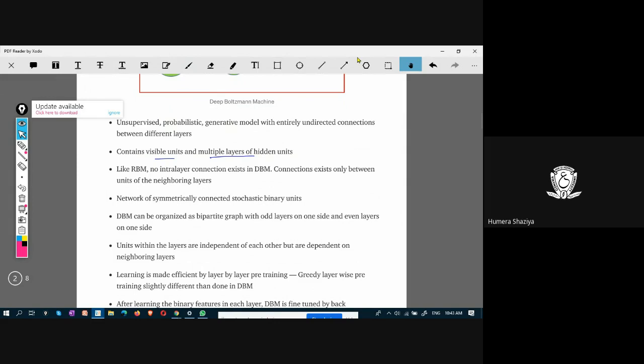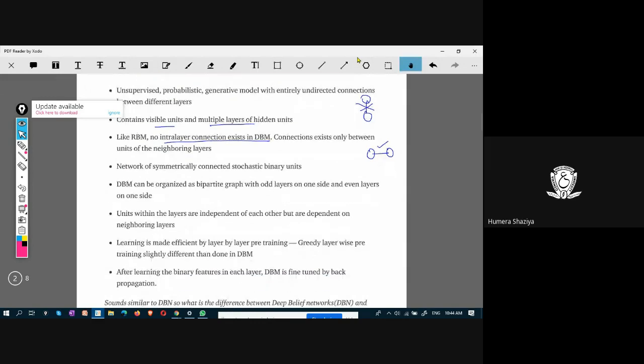Whereas in DBM, one layer of visible units is followed by multiple layers of hidden units. Like RBM, there are no intra-layer connections. You cannot have connections in this manner. You can have connections only in this manner.